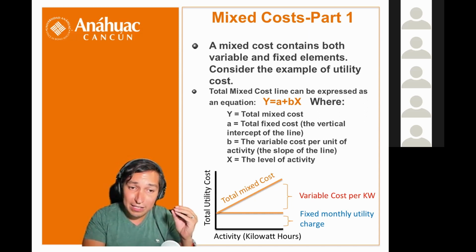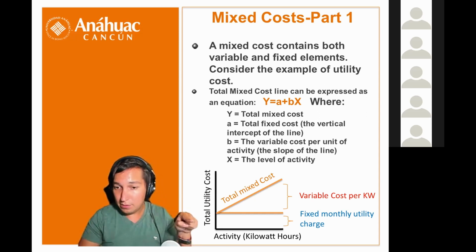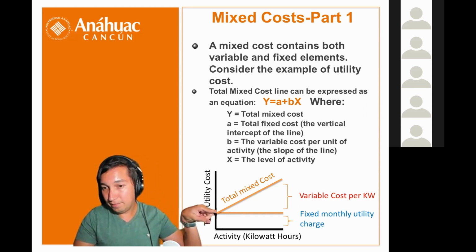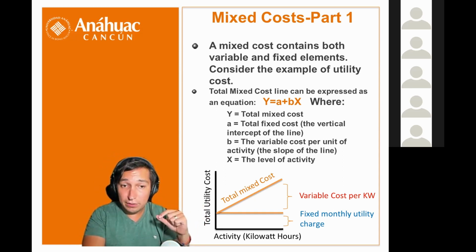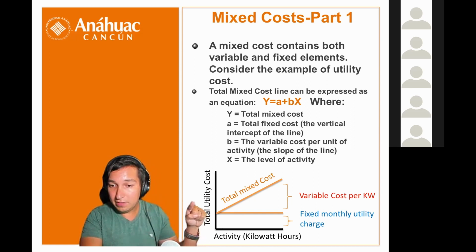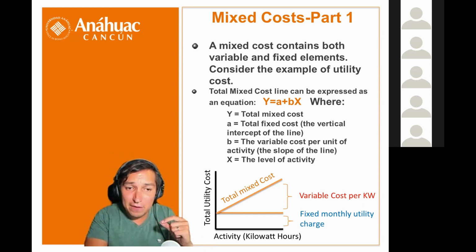So this flat red line here is your fixed cost. And then on top, we add in the variable cost. That's why it's mixed cost. This is the variable, the sloped line. So the variable component on top of the fixed component becomes our total mixed cost.